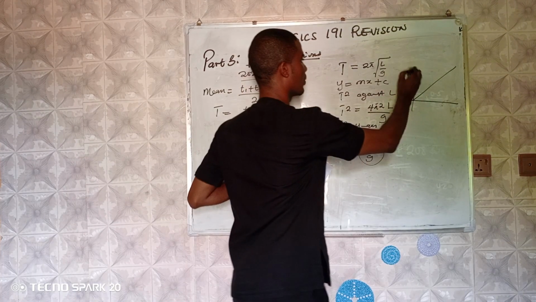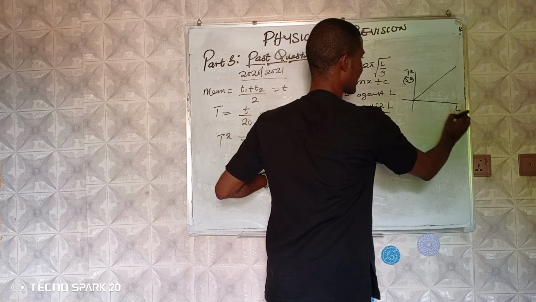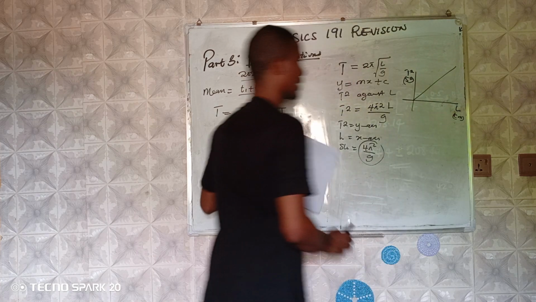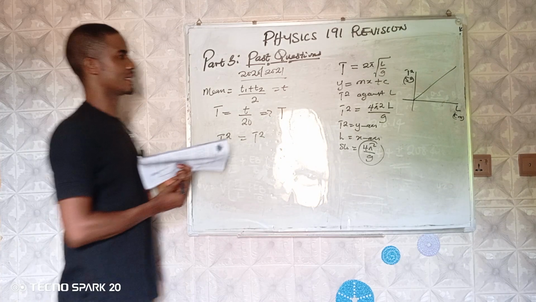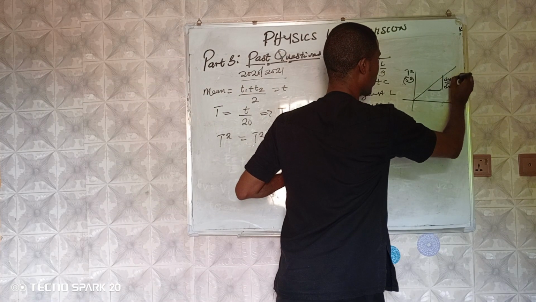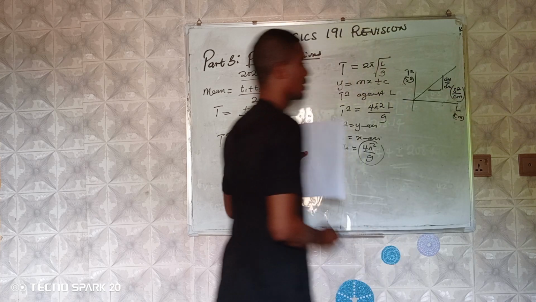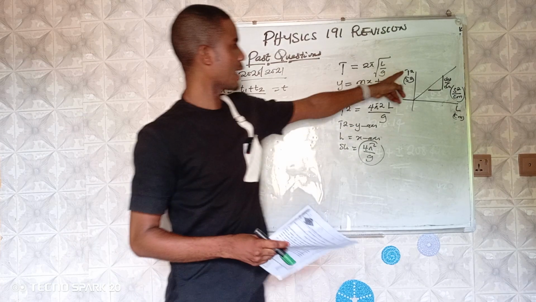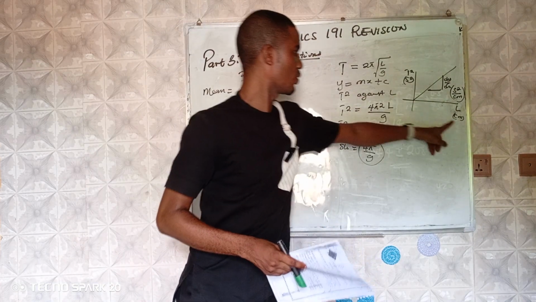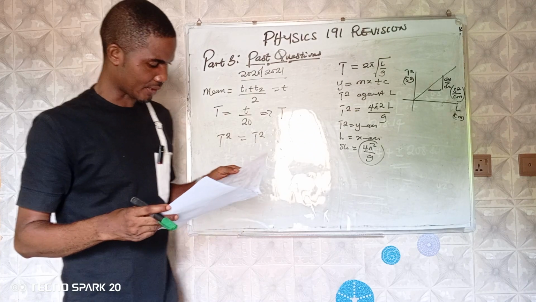A graph of T squared against L, in second squared and centimeter. The slope, Y over X, will be measured in second squared over centimeter. That will be the unit of the slope because it is Y over X. Okay, that is for the graph.